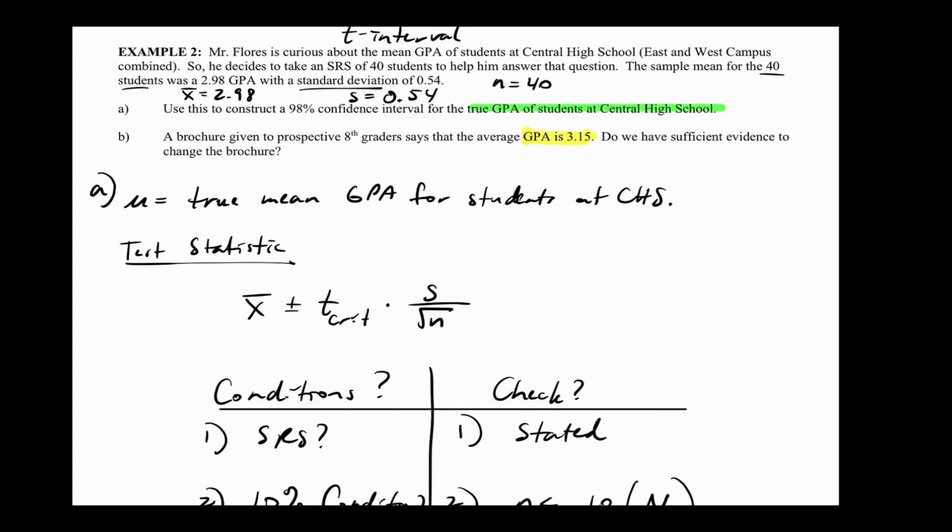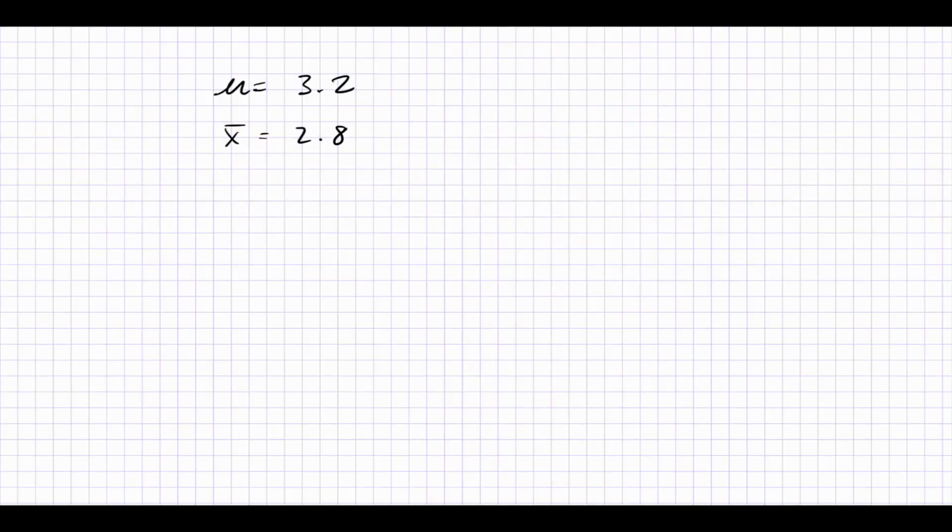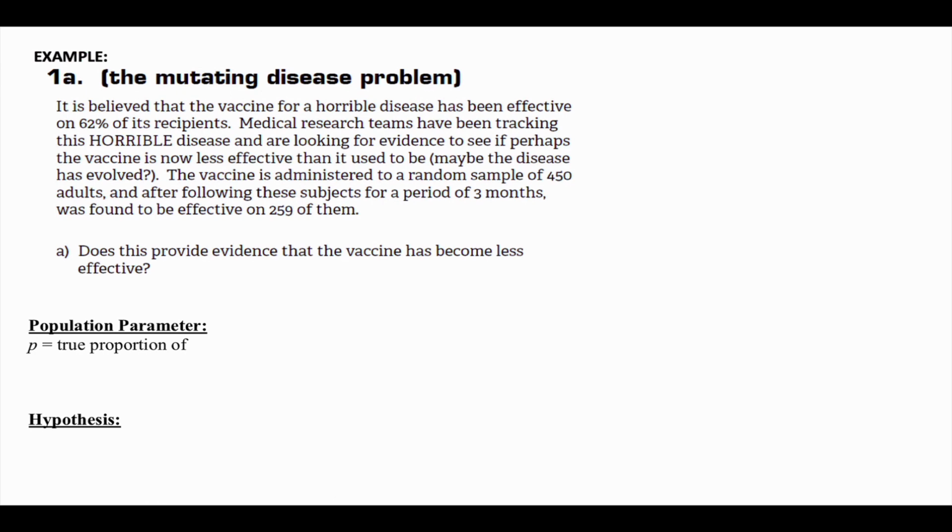If they want you to do a confidence interval, they'll tell you, do a confidence interval. If they want you to do a test, they might not always tell you, do a test, but there'll always be some keywords, and I'll highlight them. You'll always see the words, provide evidence. Provide evidence.